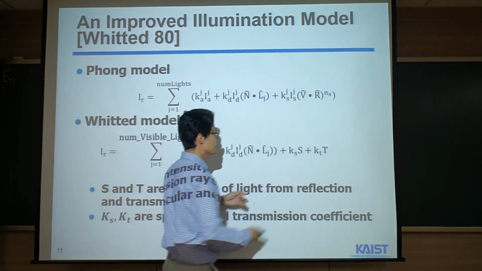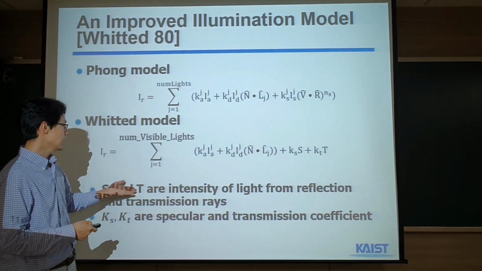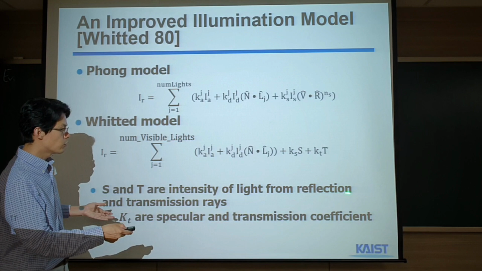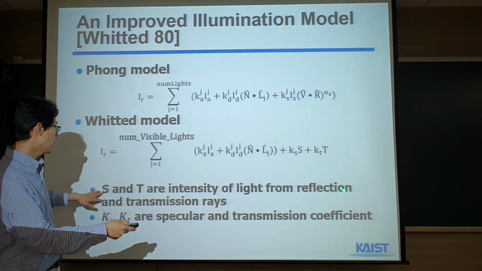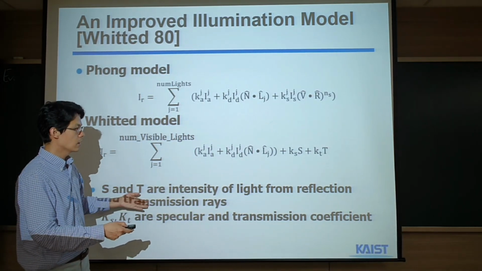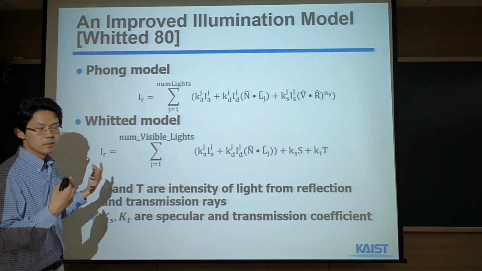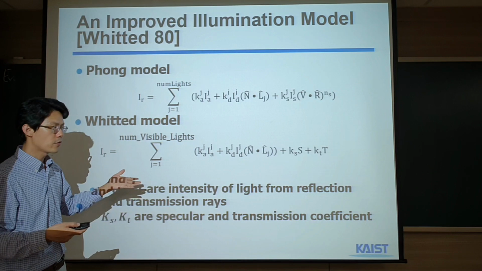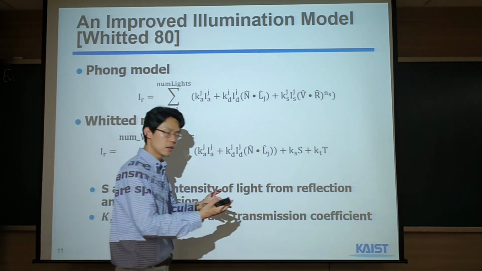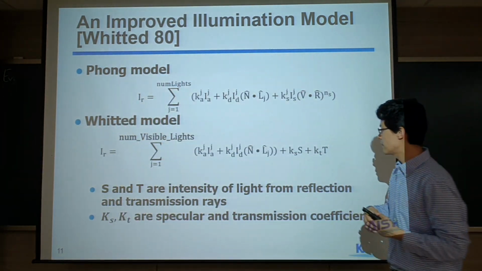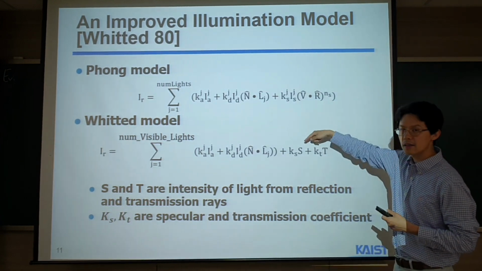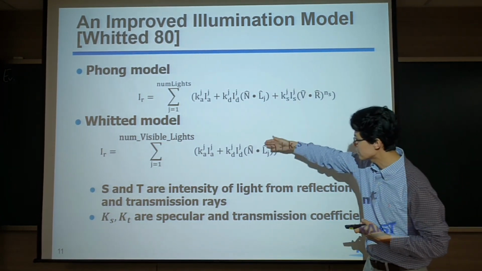Here, S and T: S is the intensity of light from the reflection, S is for the reflection ray, and T is the transmission ray. If some of the objects are mirror-like, we generate a reflection ray, right? Then we get the color from that reflection ray, and we add that light intensity to the other terms here.